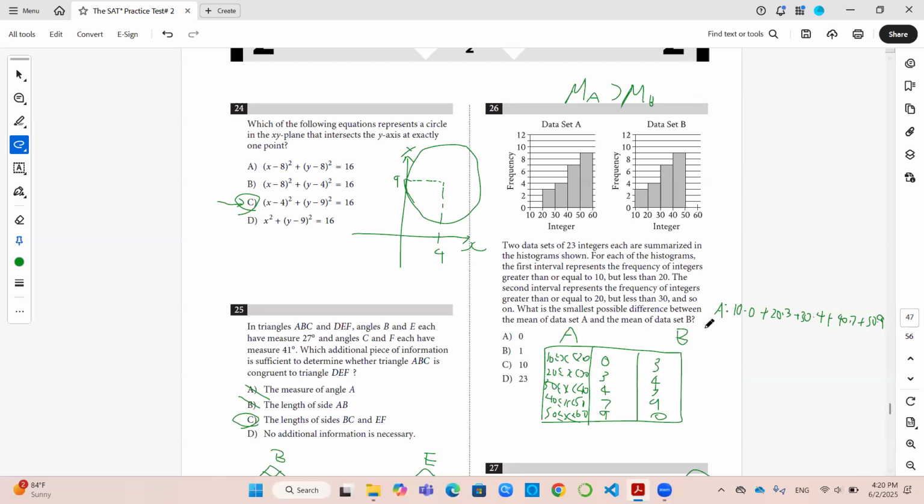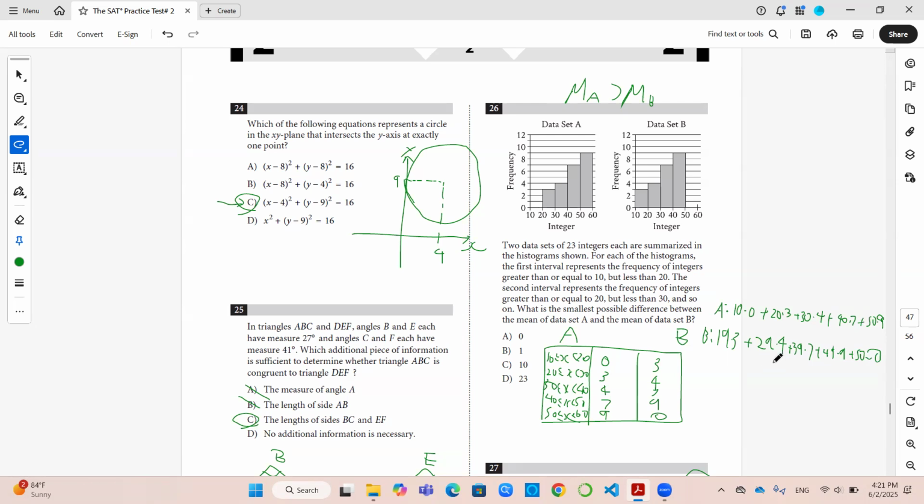For B, now I want the greatest possible value of B, but since we're not including the 20, 1 less than 20 is 19. So 19 times 3, plus 29 times 4, plus 39 times 7, plus 49 times 9, plus 50 times 0.